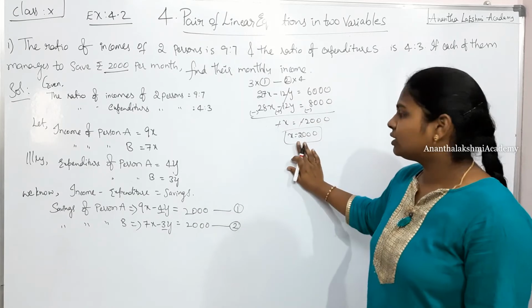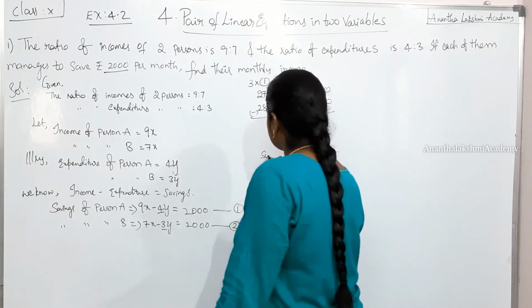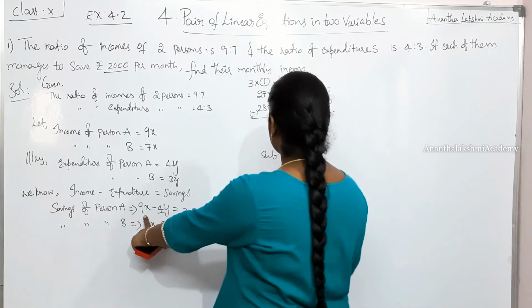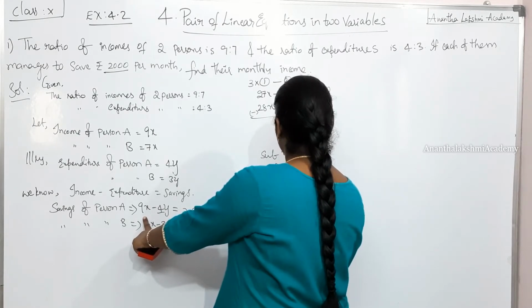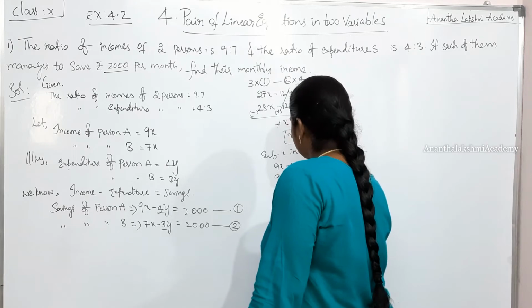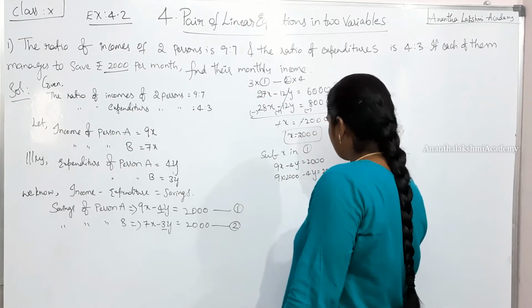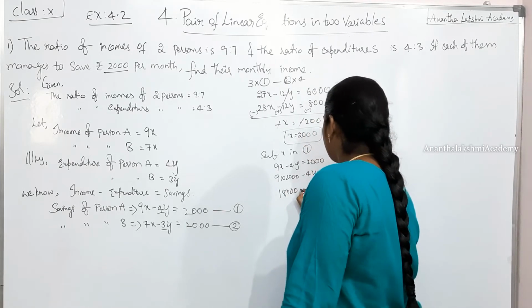Okay, now that we got the value of x, how do we figure out y? By substituting x in equation 1. If I am going to substitute this, this becomes 9x minus 4y is equal to 2000. 9 into 2000 minus 4y is equal to 2000. 9 2s are 18,000 minus 2000.